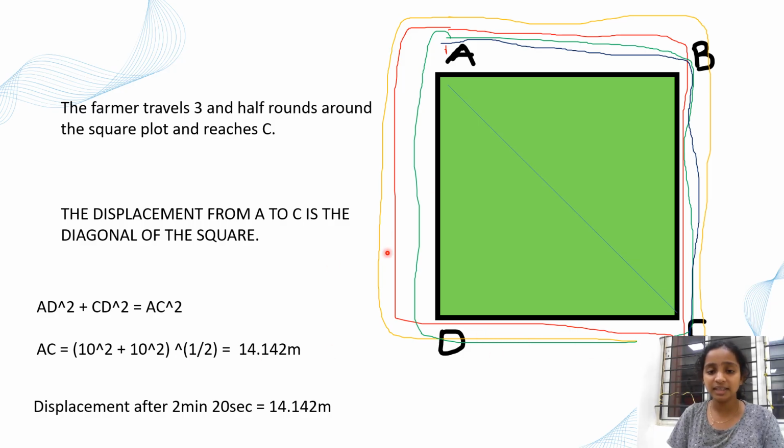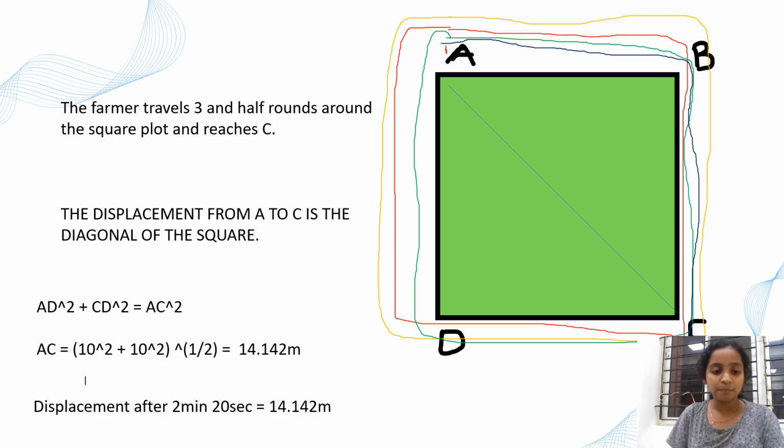So what is AD? AD is 10. Why? Because it is a square block. So 10 square plus CD is also 10, 10 square. It will give you AC square. But what we need is AC only. So we have to take the root of that. That is root of 10 square plus 10 square.